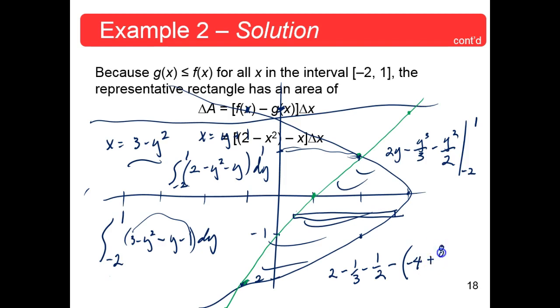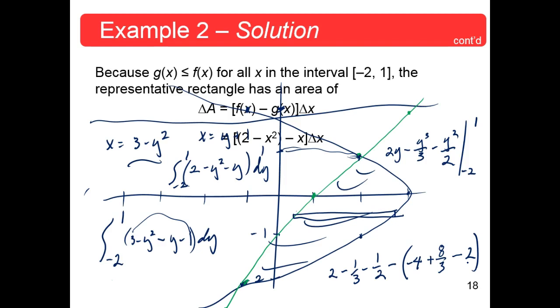Plus 8/3, is that right? Now that plus is because -2 cubed is -8. Next. It's still a minus though from here, because -2 squared is 4, so that's going to be a -2.